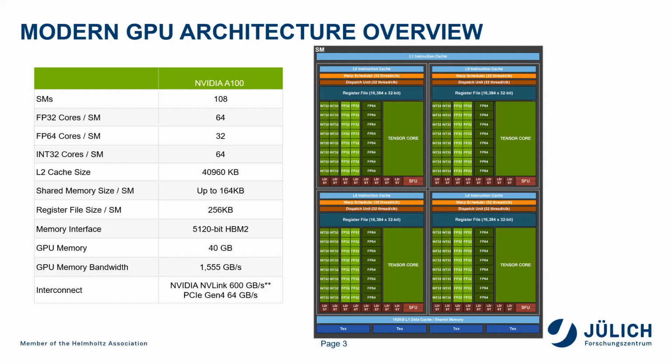It follows a similar structure to processors, so it has caches, but they are used for different things. CPU caches are used to store data for faster access because the bandwidth of the CPU is not that high. For the GPU, the bandwidth is really high, but the latency is also high.